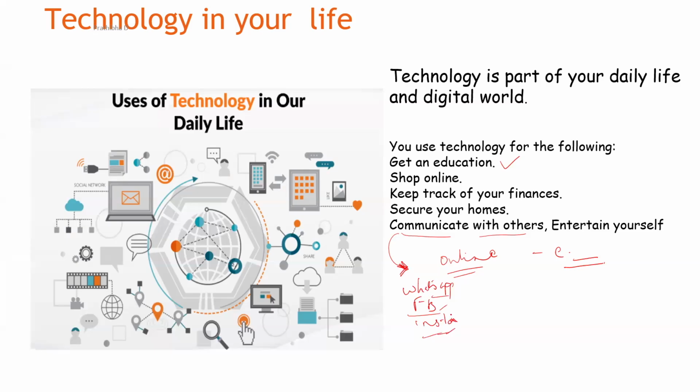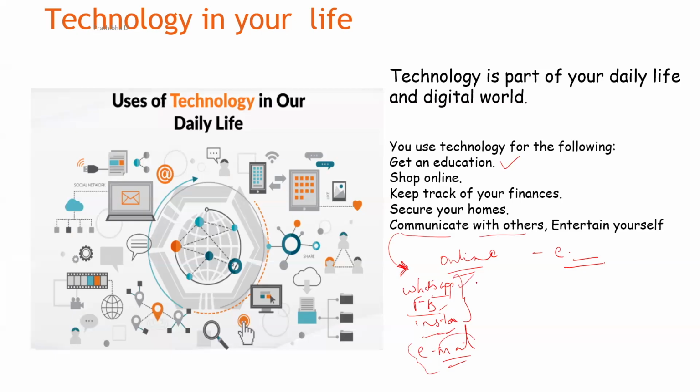Email, we can use Gmail, Zoom. In terms of your mail communication, we have different types of service providers like Gmail, your different types of mails, that is, we are using emails. Then social networking. What are the things we are sharing?